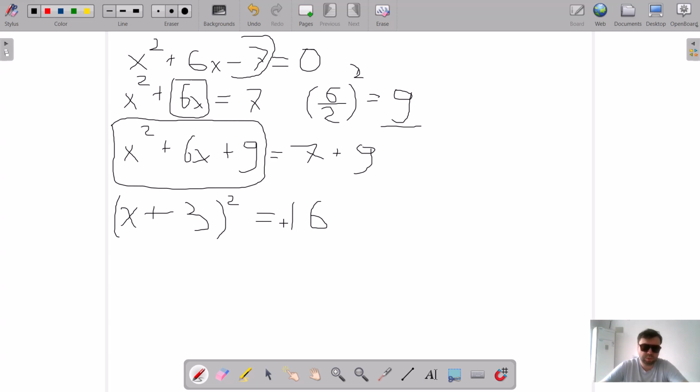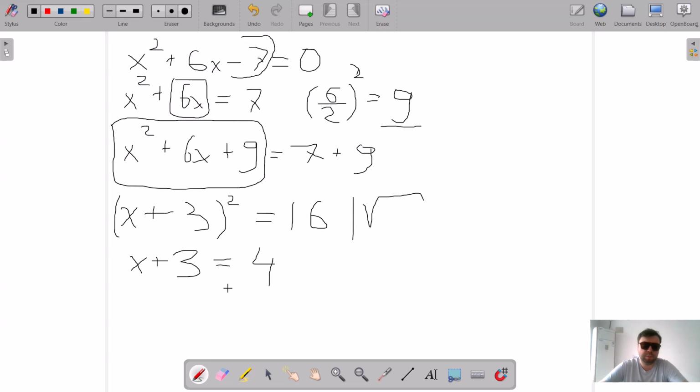To solve it, you just need to take a square root from both sides, and you will have the solution. So it will be x plus 3 equals 4, because the square root of 16 is 4. When we take the square root of the binomial, we remove the exponent, so we just have x plus 3 equals 4.